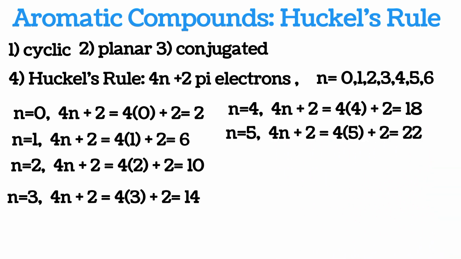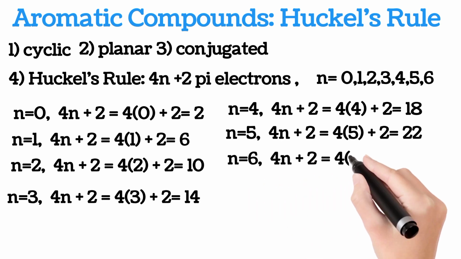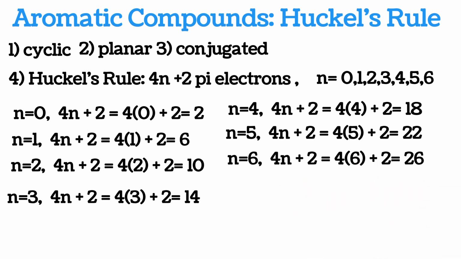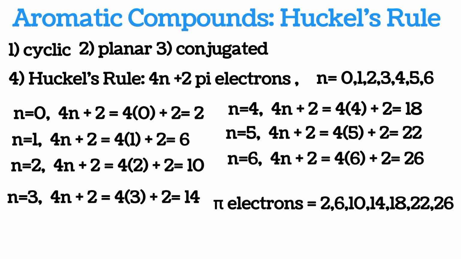When n is equal to 5, 4n plus 2 will be equal to 4 times 5 plus 2, which is 22. When n is equal to 6, 4 times 6 plus 2 is equal to 26. So a compound that has pi electrons equal to either 2, 6, 10, 14, 18, 22, 26 has fulfilled a condition for aromaticity.